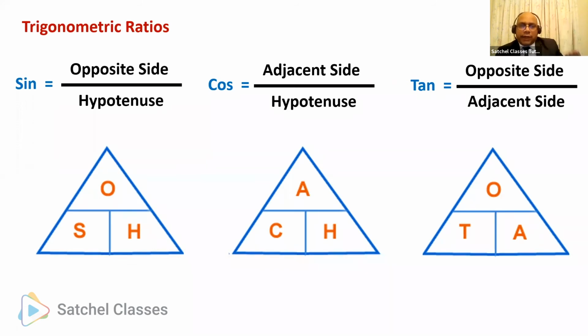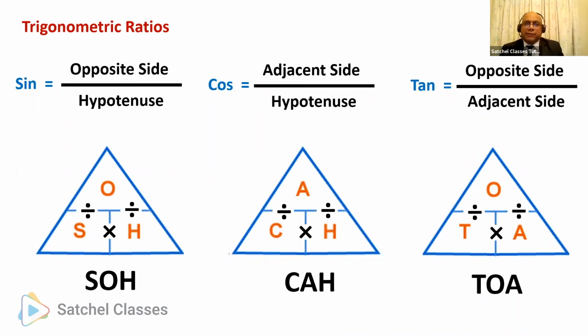The quantities which are on top and the bottom are always divided, whereas the quantities at the bottom are always multiplied, which means S, which stands for sine, will be equal to opposite divided by hypotenuse. Likewise, if I need to find hypotenuse, then I'll do opposite over the sine of the angle. And if I need to find the opposite side, then I will do sine of the angle multiplied by the hypotenuse. So you should have known how to use the formula triangle.